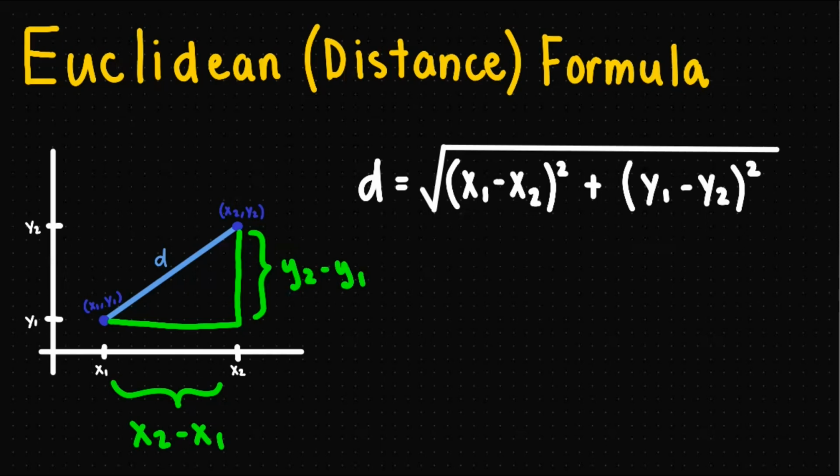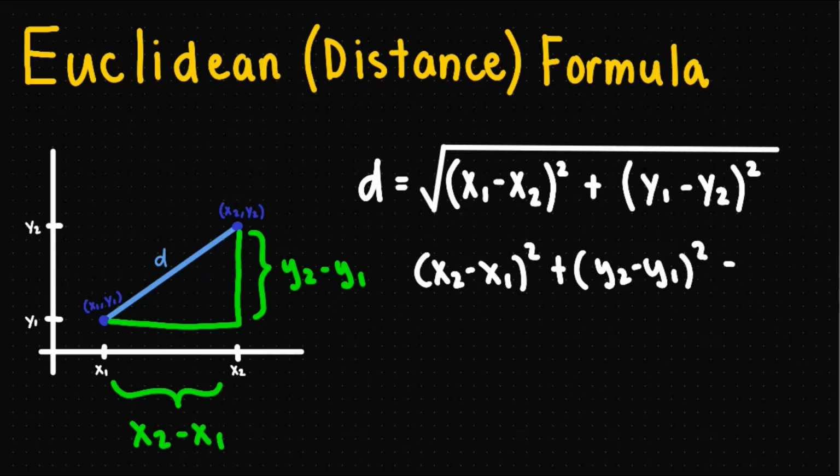Now by the Pythagorean theorem, if this one is A, this one is B, and this out here is C, then we can get C by A squared plus B squared equals C squared. Applying that similar idea here, we have x sub 2 minus x sub 1 squared plus y sub 2 minus y sub 1 squared equals d squared.